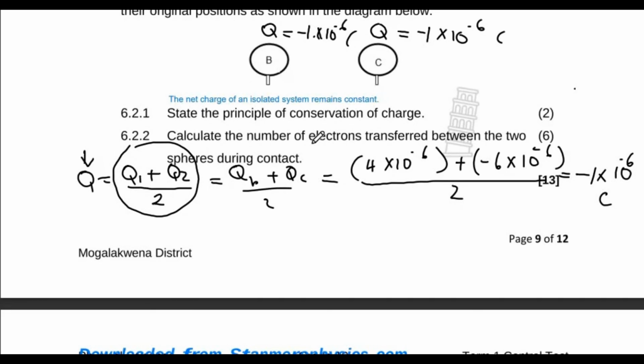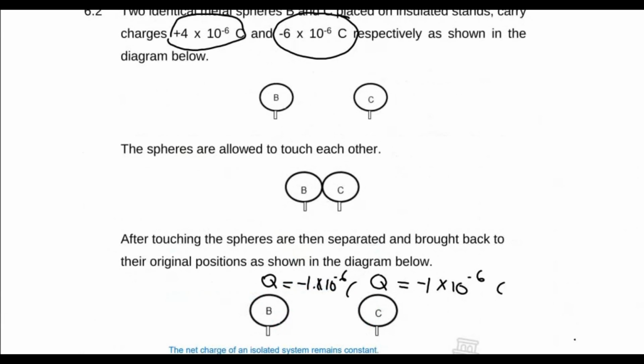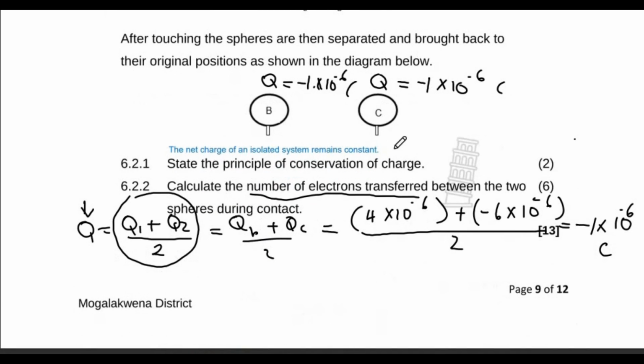It tells us to calculate the number of electrons that is transferred. So typically the negative charges, the electrons, are the ones that are transferred. It means this charge here will transfer a part of its electrons to this charge here so that they are equal. So the charges are transferred from C to B.